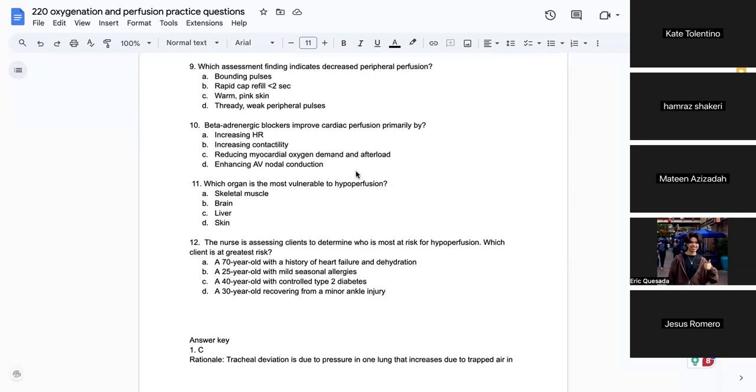Okay, number 9: which assessment finding indicates decreased peripheral perfusion? A, bounding pulses, B, rapid cap refill, C, warm pink skin, or D, thready weak peripheral pulses.